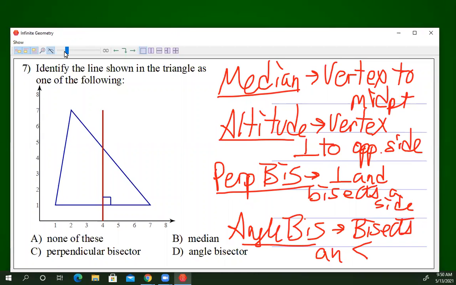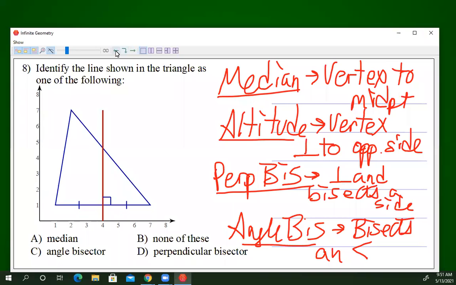Why is it none? Yeah, it's perpendicular, but in order for it to be an altitude, it would have had to start at a vertex. That's an altitude, what I just drew, not what they have, so that's a no. In order to be a perpendicular bisector, I'd have to know that these two sides were congruent. And I don't know that, so I gotta go with none of these.